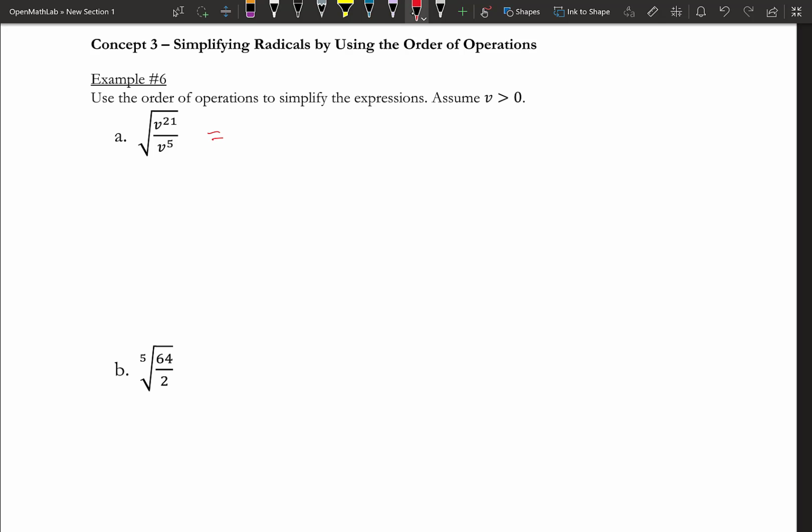So this would be the same thing as the square root of v to the 21st minus 5, so the square root of v to the 16th power. And then I can rewrite that as v to the 8th all squared, the square root of all of that, because 8 times 2 is 16. So the square root is going to cancel out with the 2, so I'm left with just v to the 8th power.